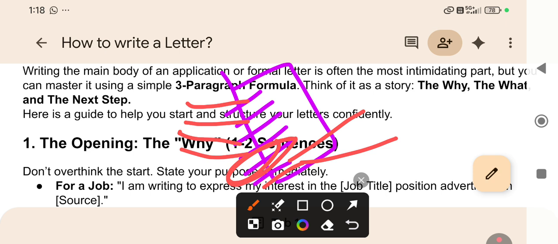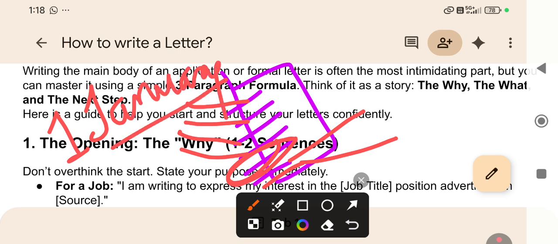In fact, the date should be written this way: 1st January, no short form, the month in words and the day in figure. And then 2026, not 20, no 26 only. This is the right way to write the date.